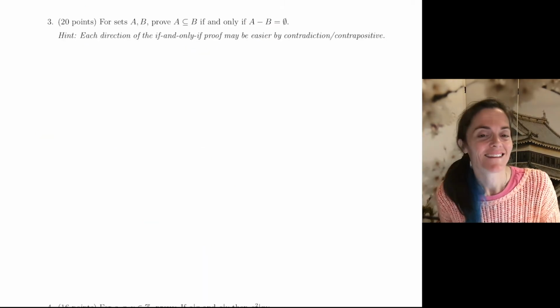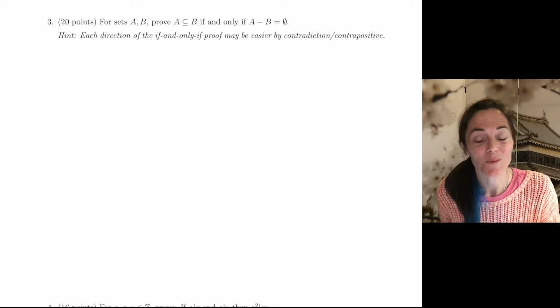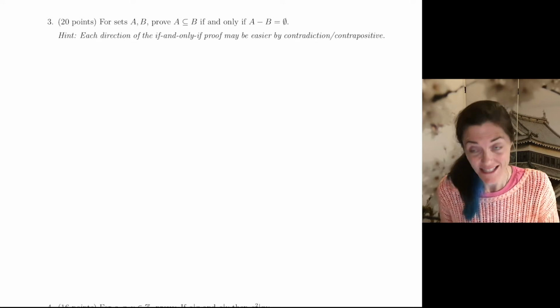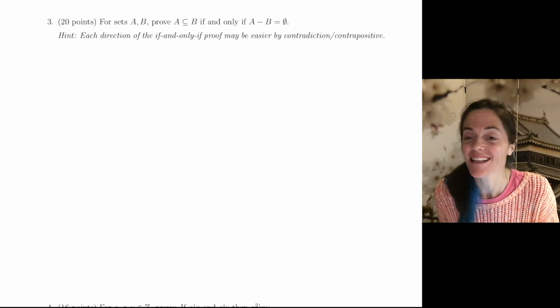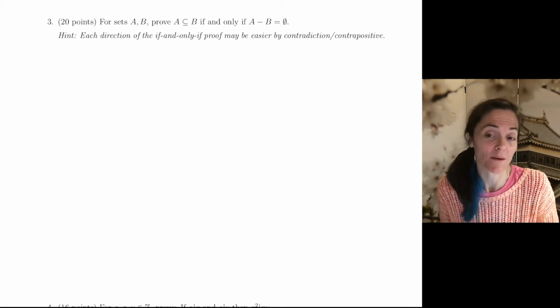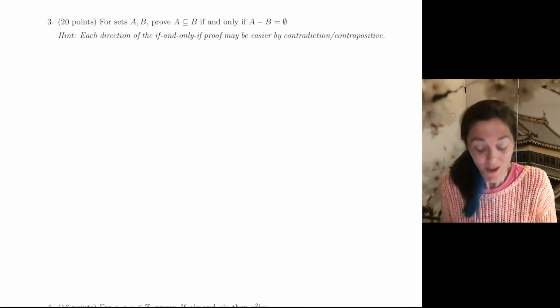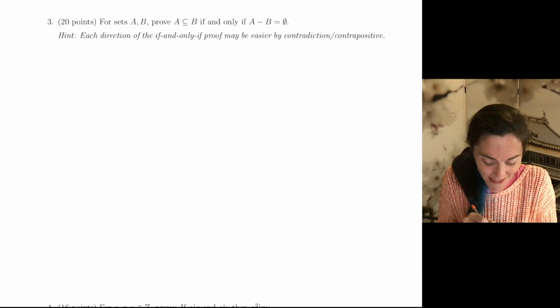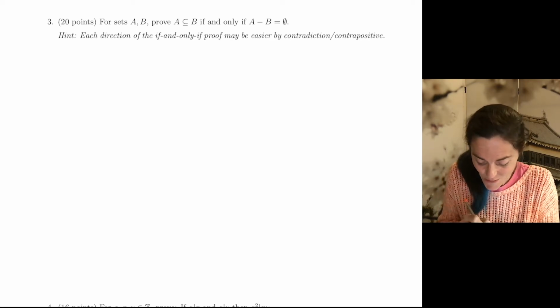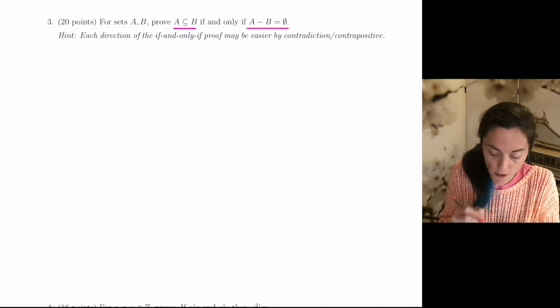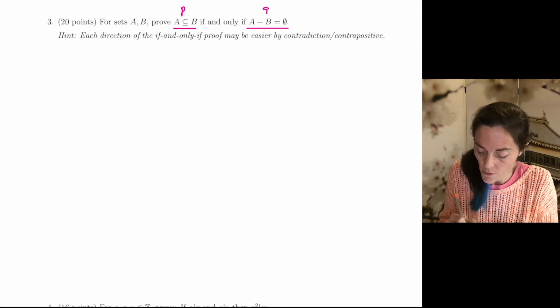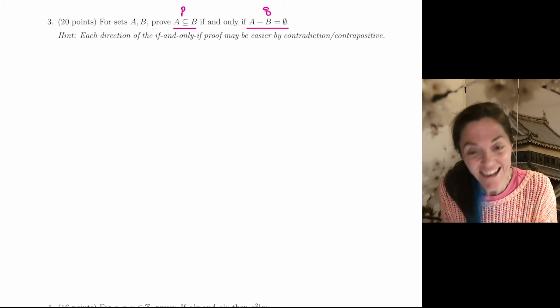Number 3. We have an if and only if proof, and it involves sets. So this is a set theoretic proof. And we are told each direction may be easier either by contradiction or contrapositive. Oh, this is a fantastic proof to work through. We have a lot of things going on, but fundamentally, we are trying to prove P if and only if Q, right?